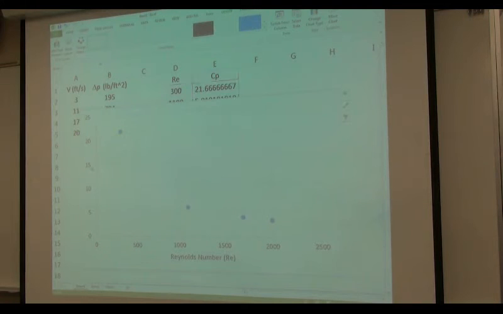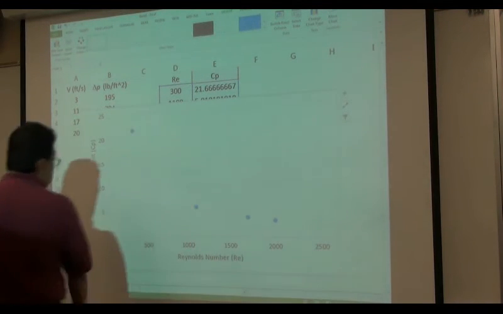And then the primary vertical axis title, of course, is pressure coefficient. So you are plotting a Reynolds number versus pressure coefficient plot. You have 1, 2, 3, 4 data points. So this is the plot.